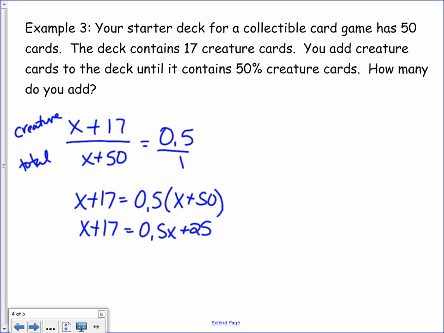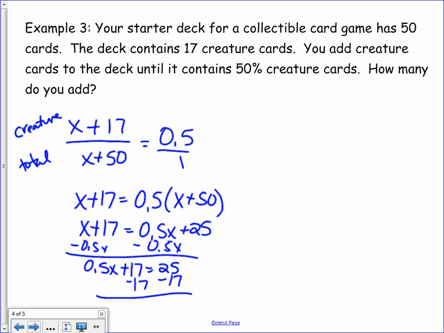Then we're going to get the x's on the same side. So we have 0.5x plus 17 equals 25. Subtract 17, and we have 0.5x equals 8. Divide by 1/2, which is the same as multiplying by 2, and x will equal 16.